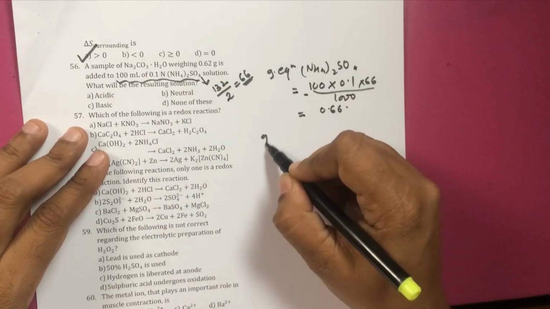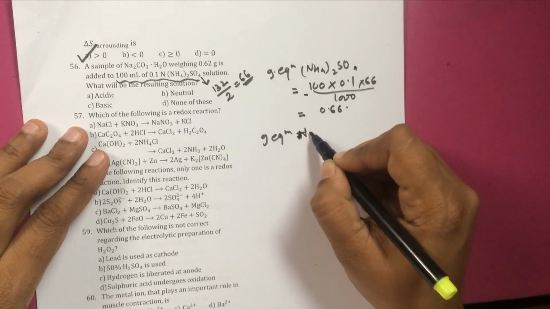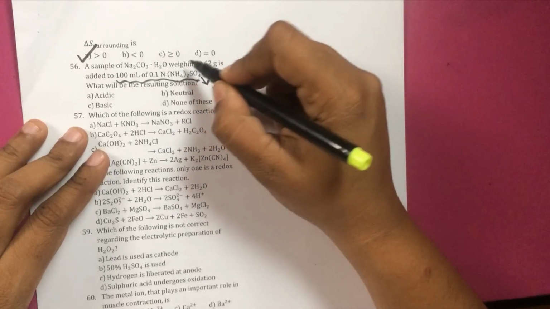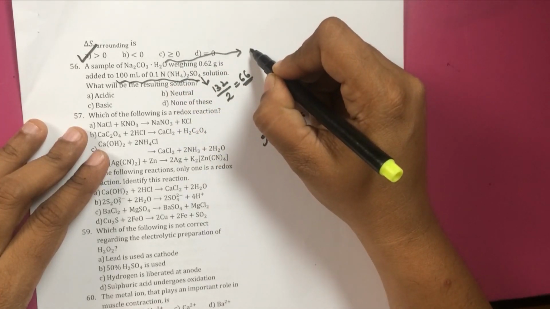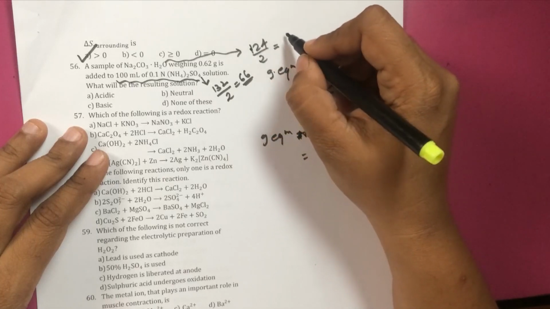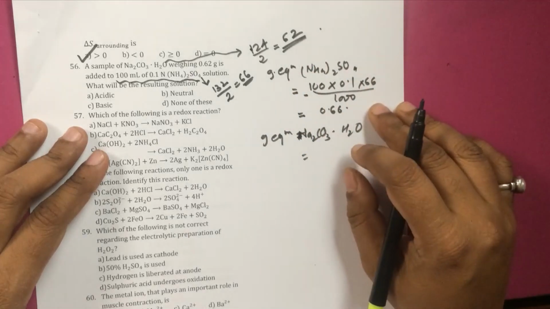Similarly, we'll calculate the gram equivalents of the carbonate solution, Na2CO3.H2O. Here also for this compound, the molecular weight is around 124, divided by 2, we get 62. That is the equivalent weight of the substance.